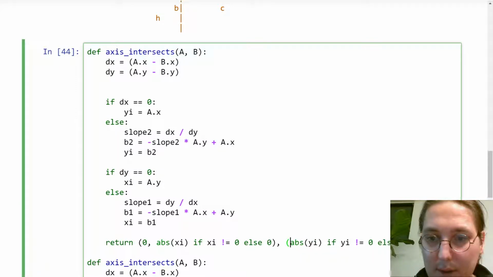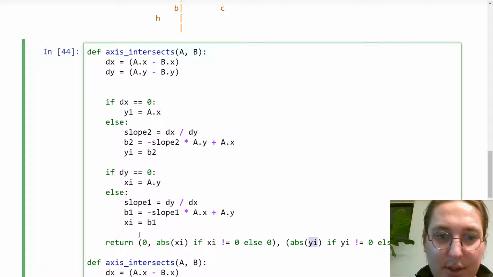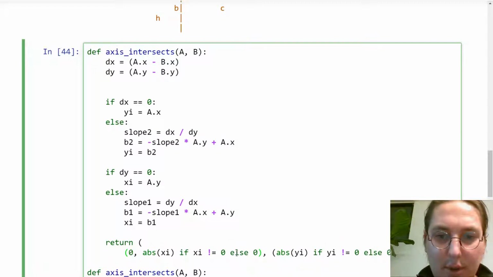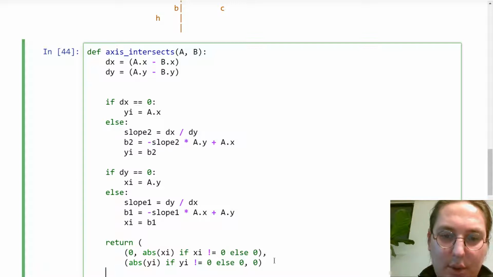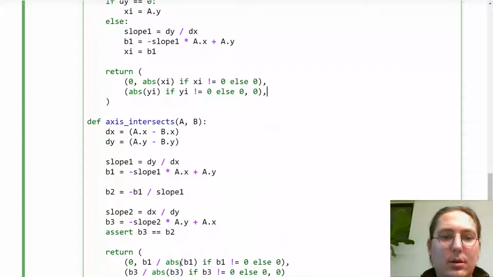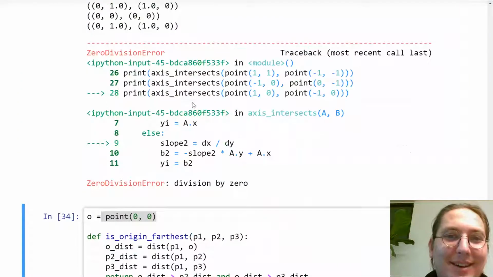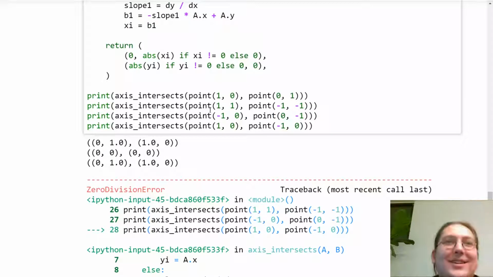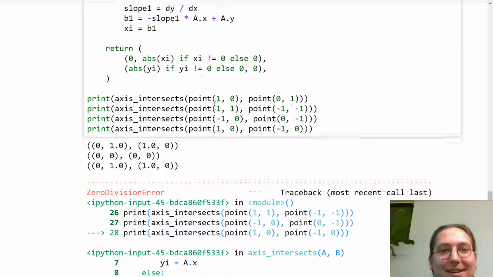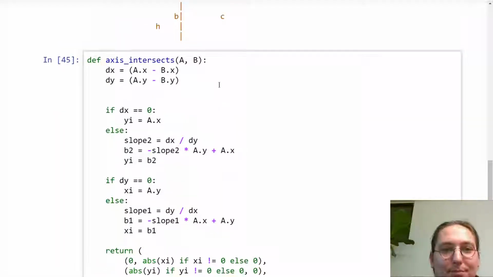So the Y-intersect is an X value, and it's at this point, and all bets are off because of division by zero. Oh no!